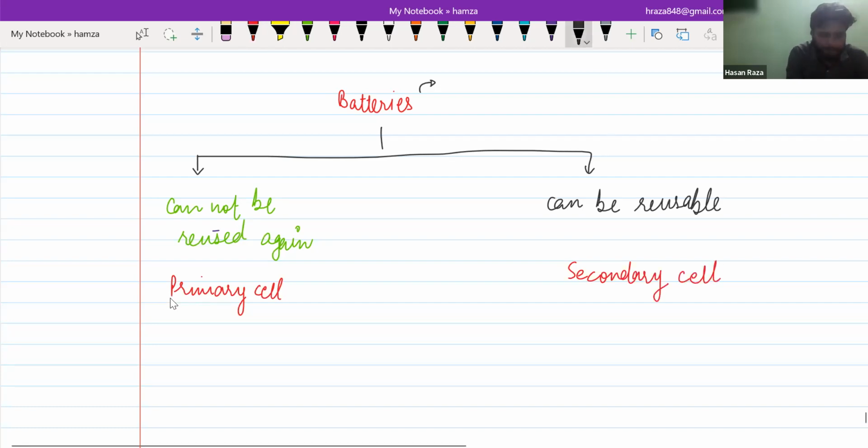Now again, this primary cell, we have a lot of examples of primary cell, but we need to study only two primary cells: that is Leclanché cell and the second one is mercury cell.